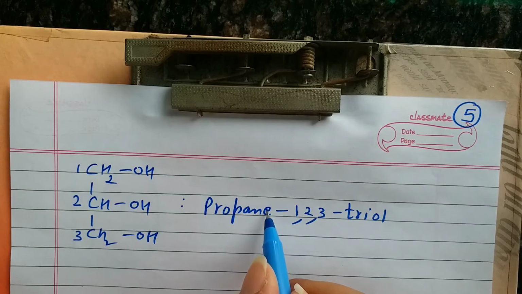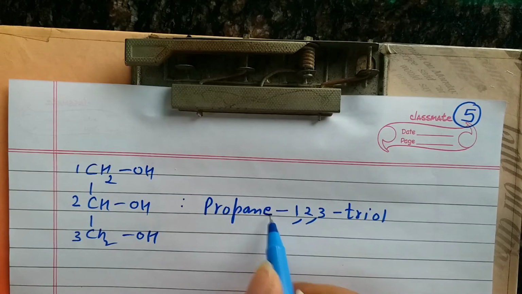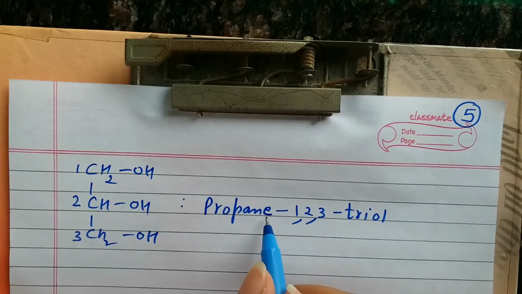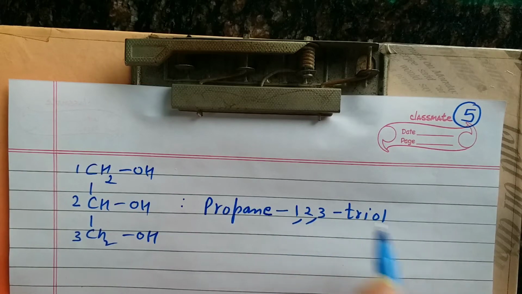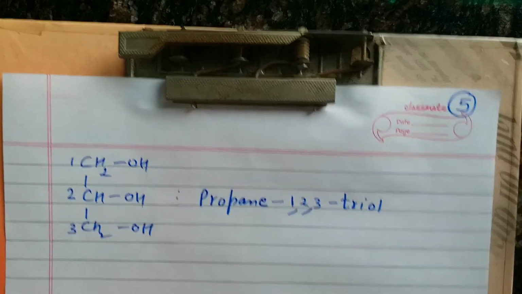And I have not dropped the E. I have retained it because I knew that this E is going to be followed by T, which is not a vowel, neither it's Y. Remember the rule, if the E is followed immediately by A, E, I, O, U or Y, then it is to be dropped. But in this case, this E is not to be dropped. So the name is propane 1, 2, 3 triol.